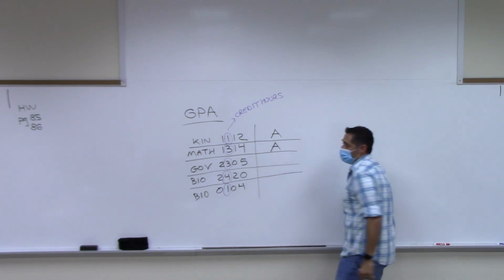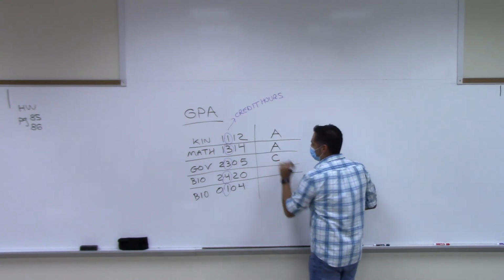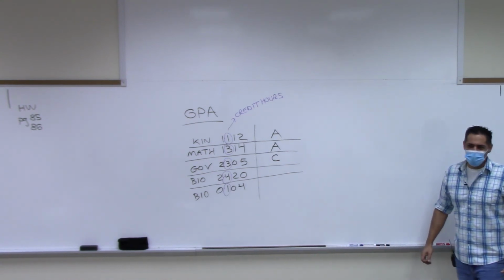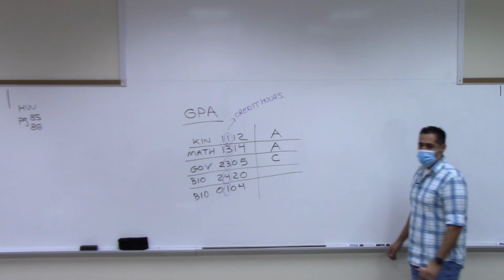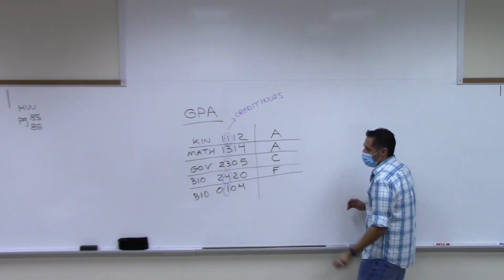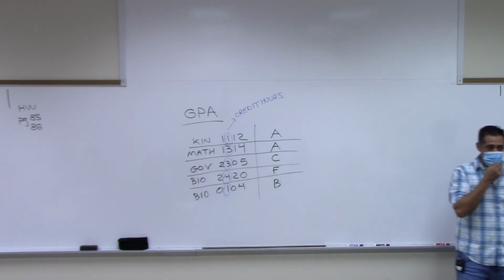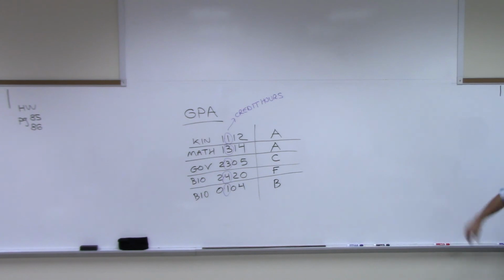We did really well in the math. The government is falling apart, and we didn't care, so we got a C in there. Biology was really tough, and we didn't make it. And the lab, well, we did well in the lab. We got a B. Let's just say that's what happened.